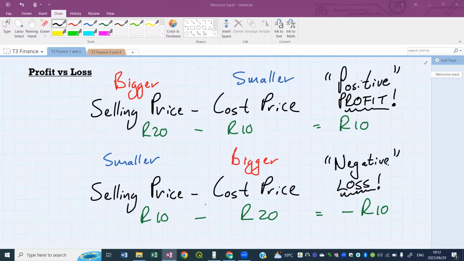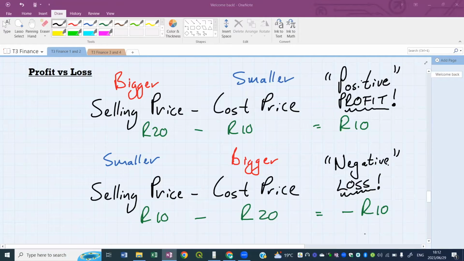But if you take the same sum and look at it below, where your selling price is smaller, it's 10 Rand, and your cost price is bigger, it's 20 Rand, you are going to make a loss. Your answer will be negative when you do the sum. 10 minus 20 is negative 10, all right? If you say 20 minus 10, that is a positive 10. But if you say 10 minus 20, that is negative 10.